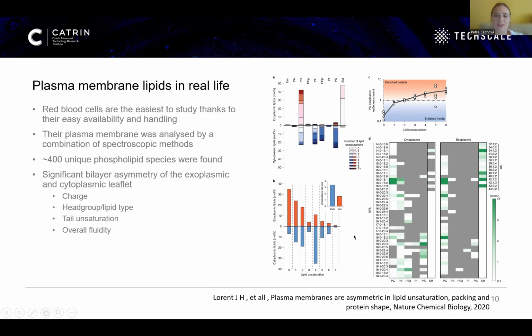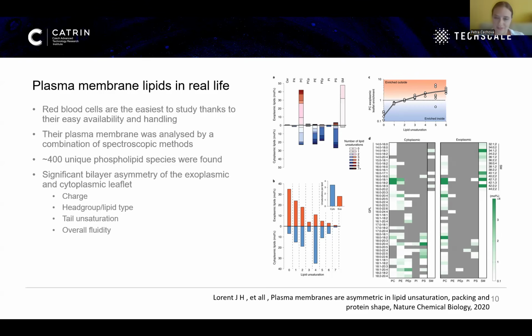There are the 6 unsaturations, which are the omega-3 fatty acids. So as you can see, the plasma membrane, the outer layer of the cell, really has these fine-tuned properties that it is stiffer on the outside, more fluid on the inside, and that is achieved by this wide range of lipid species that are involved in each of the leaflets.